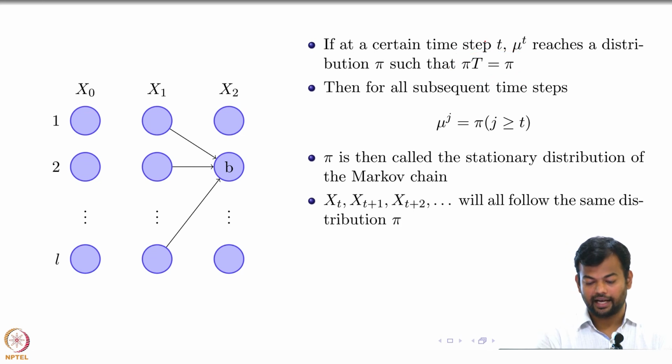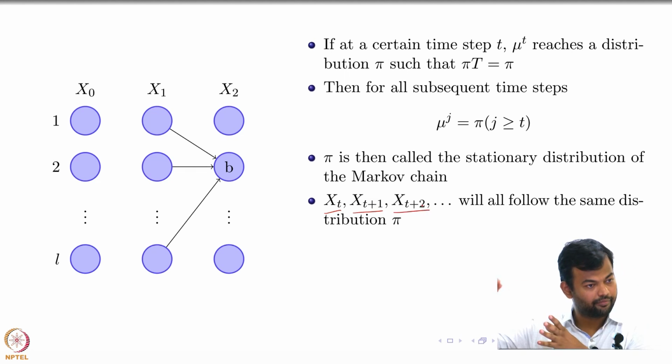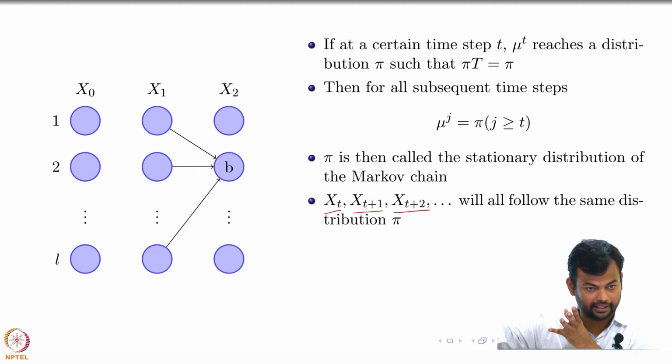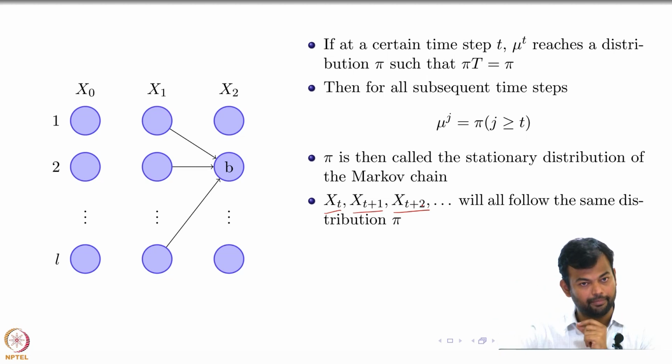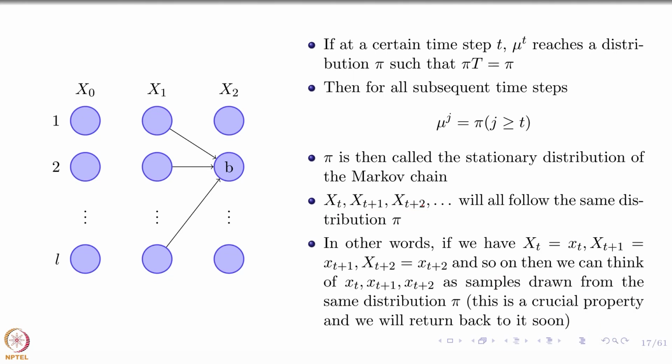And now you can see that xt, xt plus 1, xt plus 2, all these random variables which are at time step greater than or equal to t, follow the same distribution which is pi. So instead of mu, I'm calling that stationary distribution as pi, okay? And now if I think of samples being drawn, right?